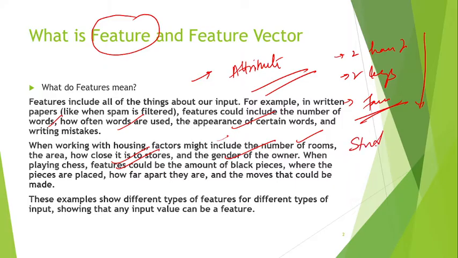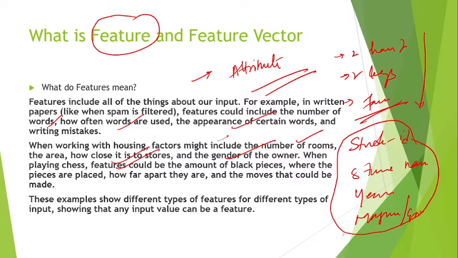That is student ID, student name, which year, and whether it is a management or government quota. These are the properties of that student. These attributes are nothing but the features of your machine learning.